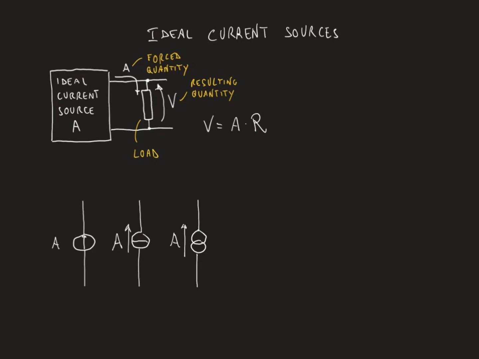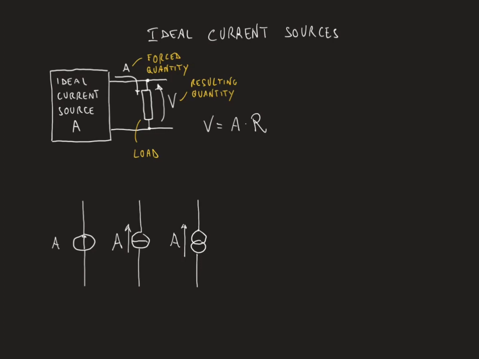We said that an ideal current source is a device capable of forcing a given current A in a load independent of the resulting voltage drop across the load itself. This is true whether the current is constant or changes in time.